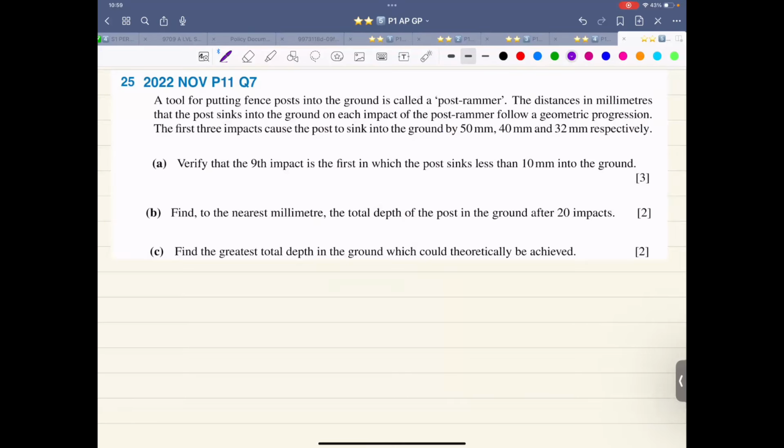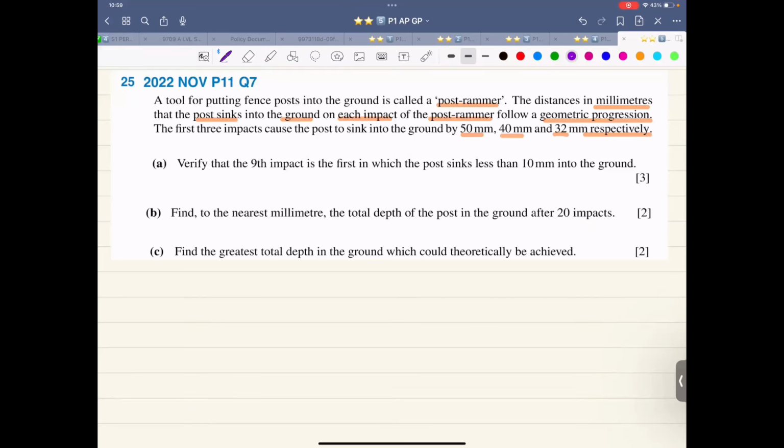It says a tool for putting fence posts on the ground is called a post rammer. The distances in millimeters that the post sinks into the ground on each impact of the post rammer follow a geometric progression. The first three impacts are 50, 40, 32, respectively.